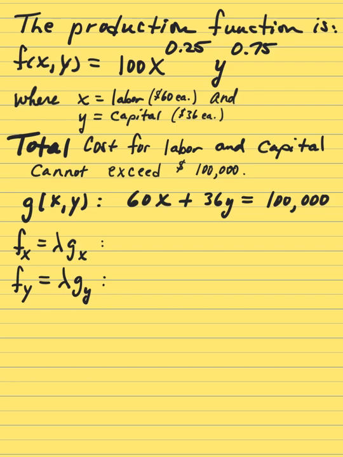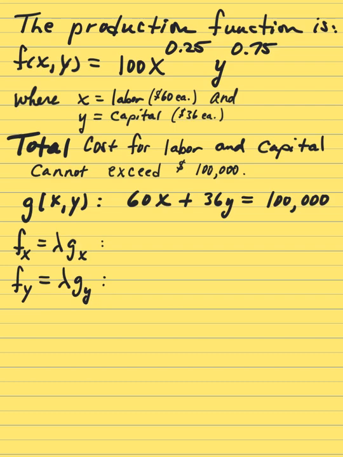All right, so the main function at the top, when you take the derivative with respect to x, we're going to have 100 times 0.25 and take 1 off the power. The y part of it stays the same.